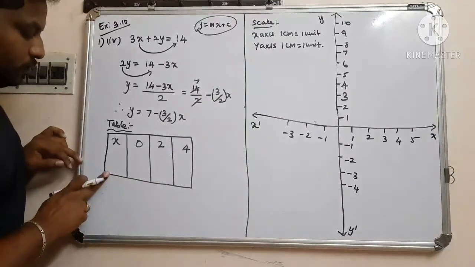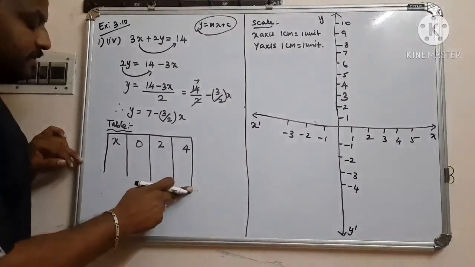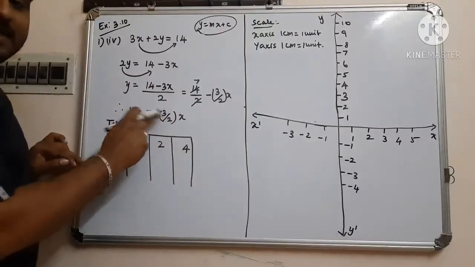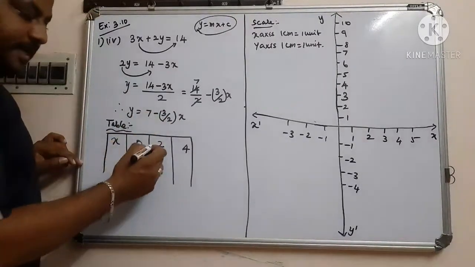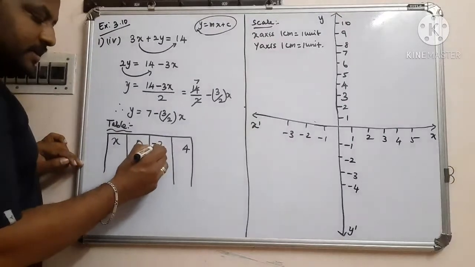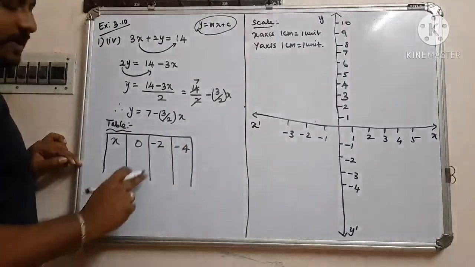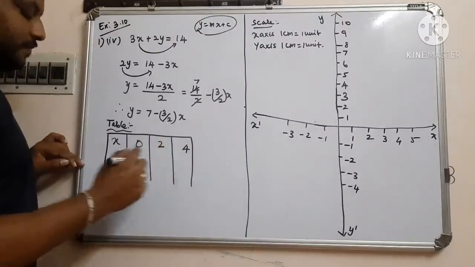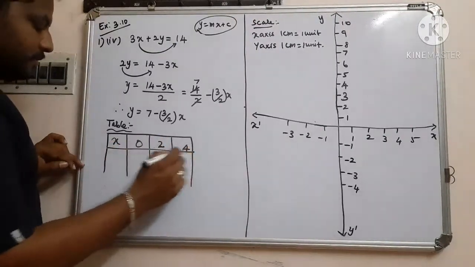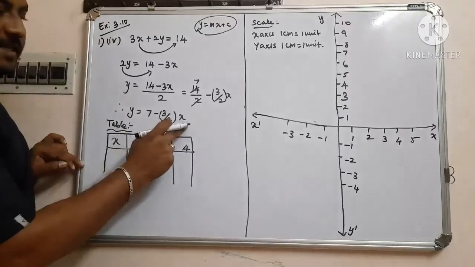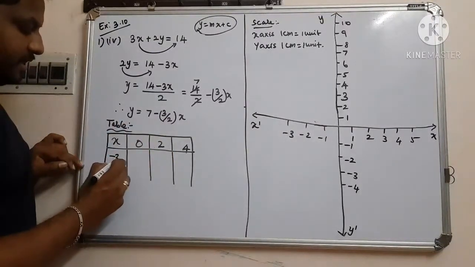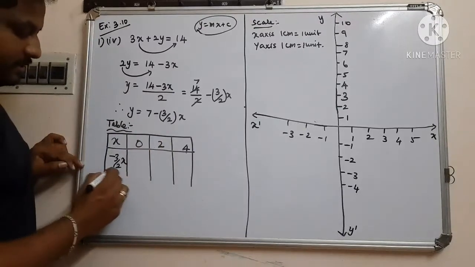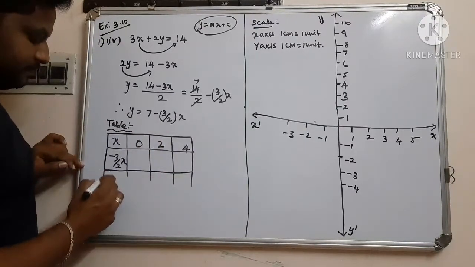And also look at this. X coefficient is minus 3 by 2. So you can take the point minus any point, that is also correct only. Okay. Next one is x coefficient is minus 3 by 2 x. Next value is constant value is 7.